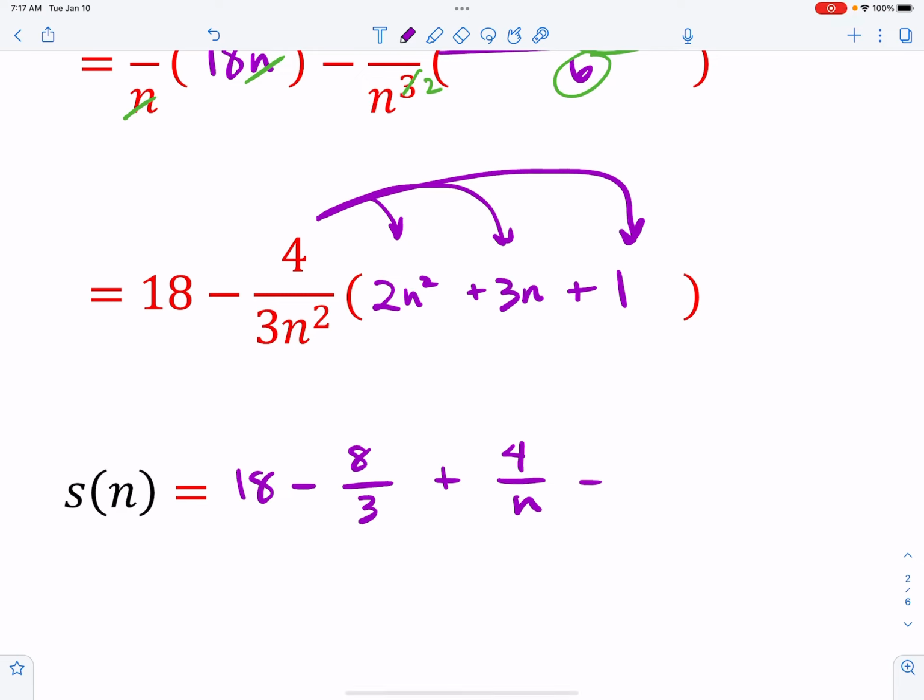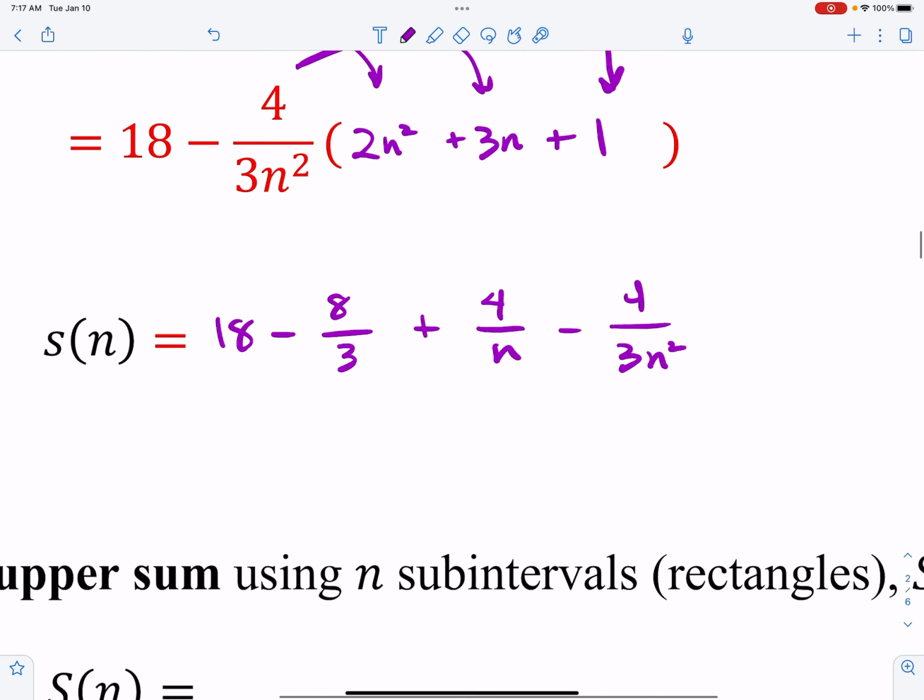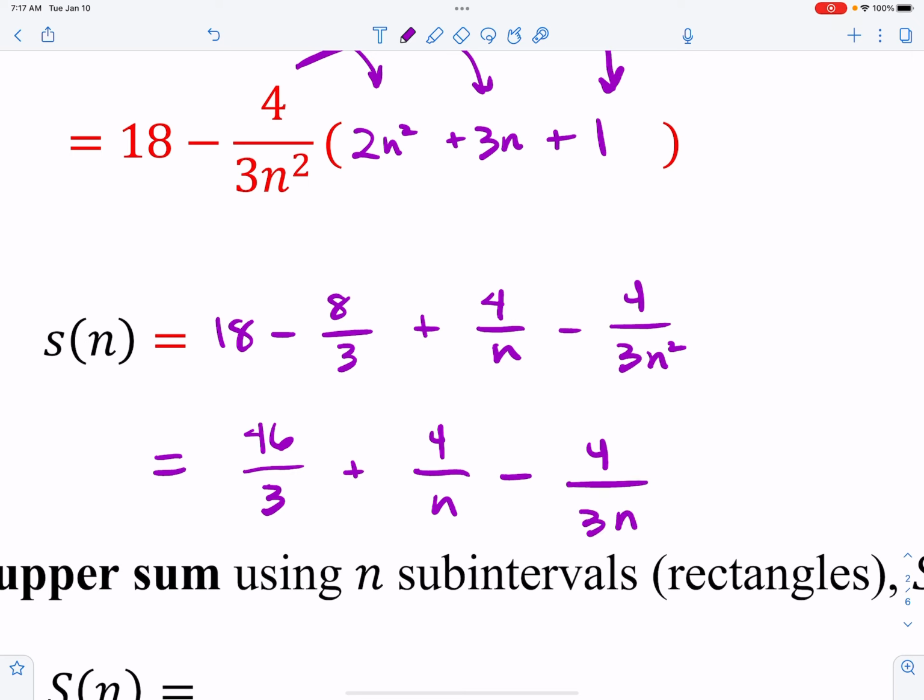And then just minus 4 over 3n squared. And we can clean that up a little bit more, just combining like terms. So 18 minus 8 thirds, that will be 46 thirds plus 4 over n minus 4 over 3n squared.